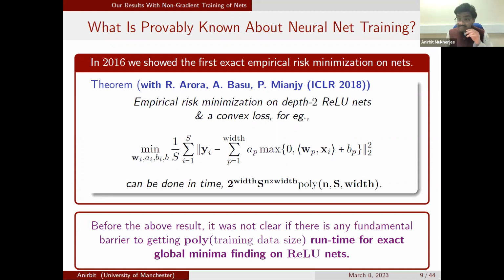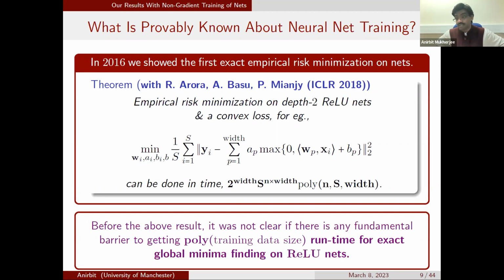And this kind of result is completely unknown for multi-depth ReLU gates. As far as I know, there is only one such result at this point, at depth 3 nets where you have a single gate in the third layer. So except for a very restricted depth 3 net, we are not aware of this kind of polynomial training data exact training for any other depth neural network at this point.